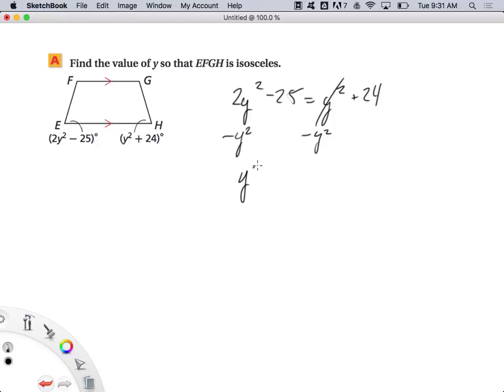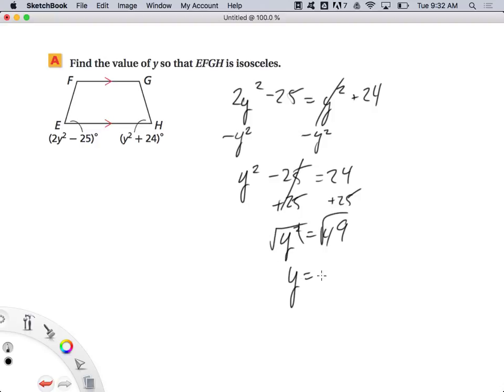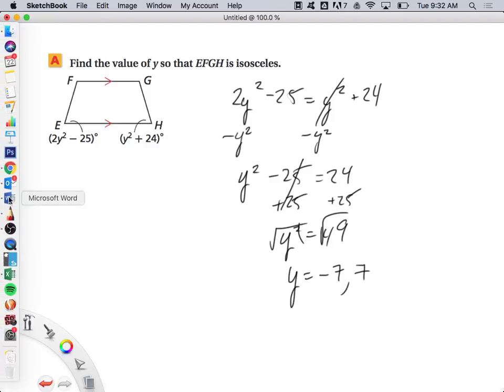You get y squared minus 25 equals 24. Add 25 to both sides. You get y squared equals 49. Take the square root of both sides, and you get y equals negative 7 or positive 7, because it's plus or minus. And it doesn't matter, because no matter which one you plug in there, you'll get the same thing. Okay? Does that make sense? All right.